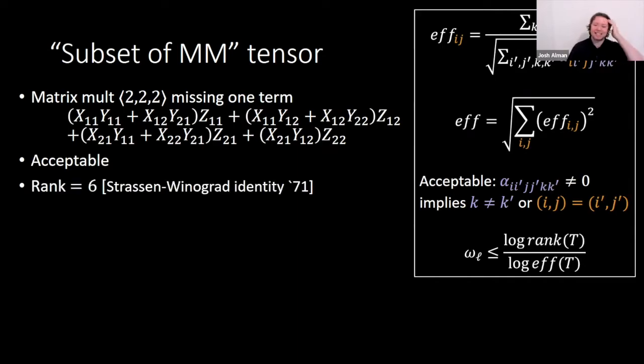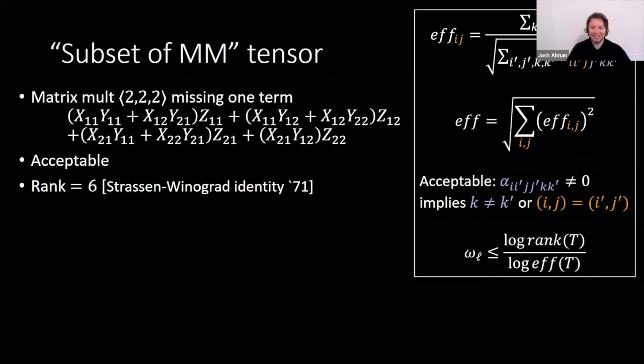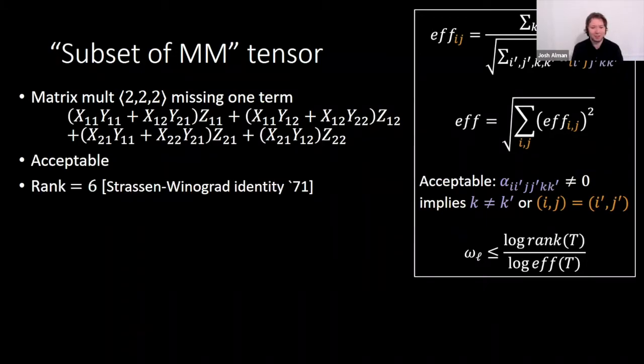Its rank is 6. There's a nice identity by Winograd, called the Strassen-Winograd identity, that shows that the rank of this tensor is 6. And Winograd used it to improve the constant factor of Strassen's algorithm. But then you can add the one term back and increase the rank by 1 and recover the fact that the rank of 2 by 2 matrix multiplication is 7.